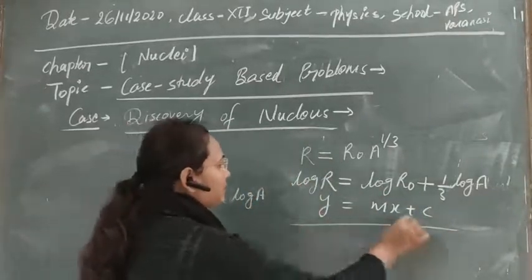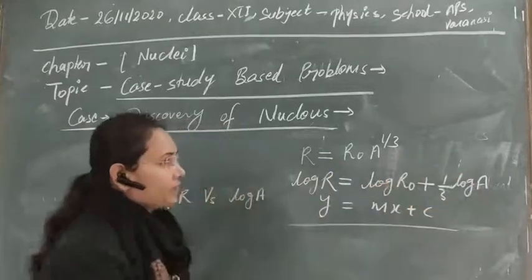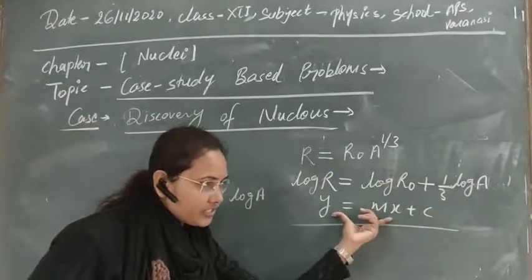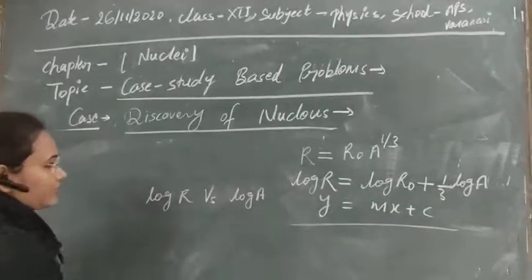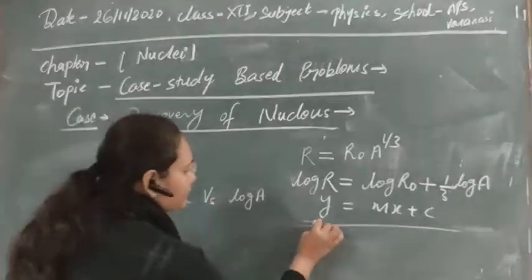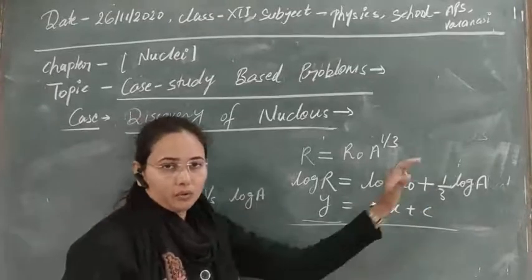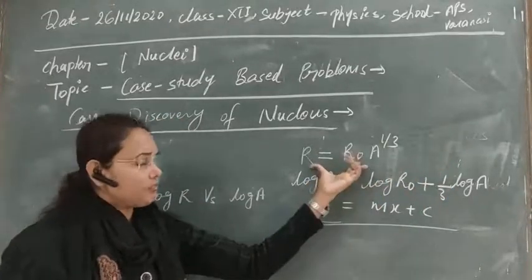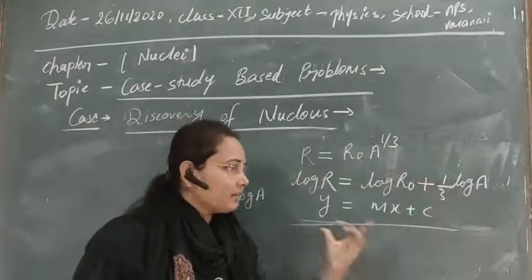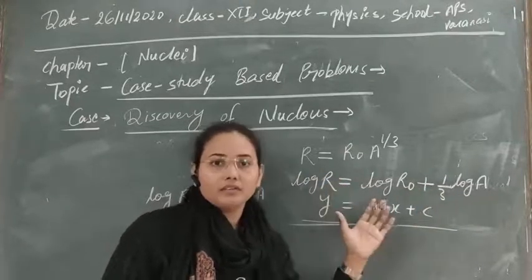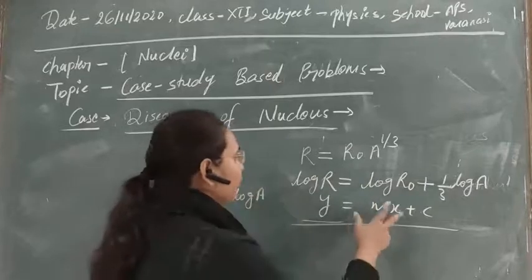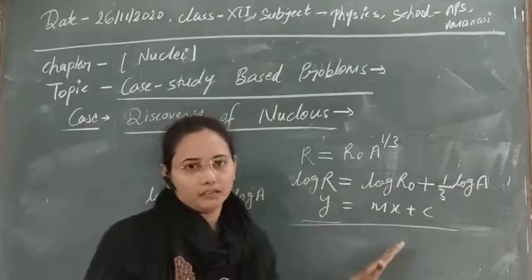As the whole equation represents the equation of a straight line, the log R versus log A graph will represent a straight line. So you only have to take its formula and solve it, and see the analogy of the curve equation, and after that you will be able to solve it very easily.